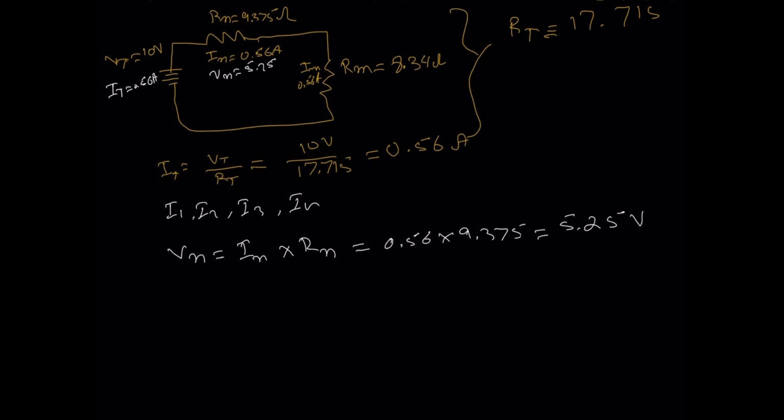To find this voltage, you can simply subtract this number from the 10 volts, which will give me 4.75 volts. Hopefully we get the same answer as finding it this way. So you can find it as Vt minus Vn, which is 4.75 volts, because 10 minus 5.25 gives 4.75 volts.